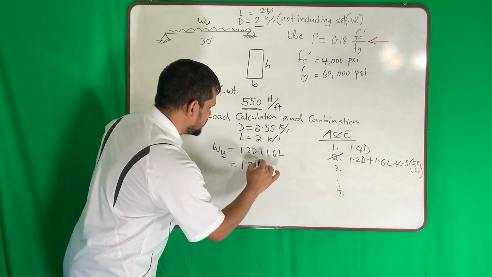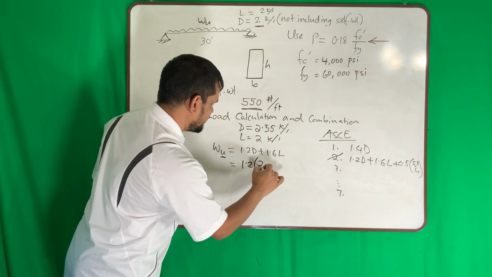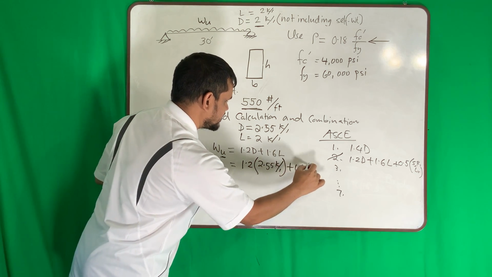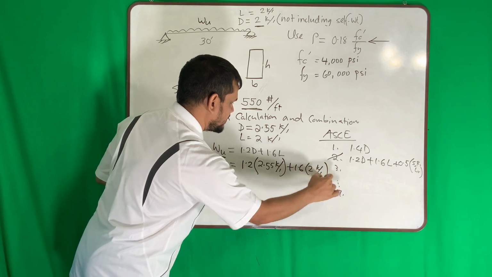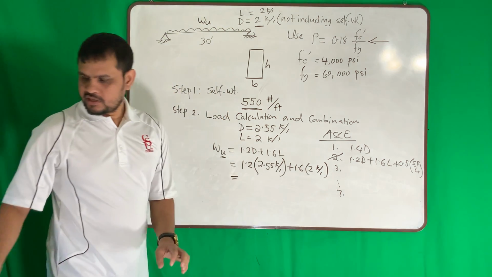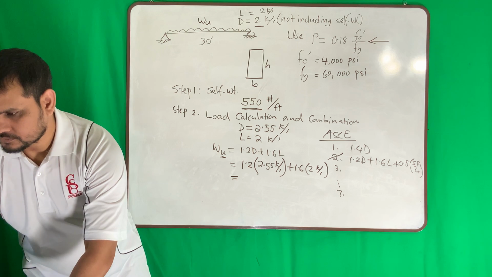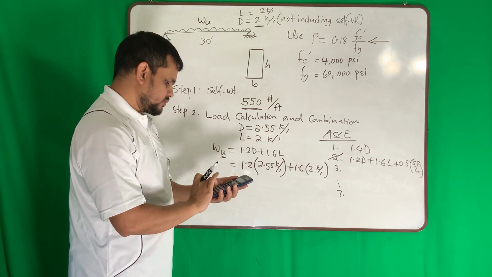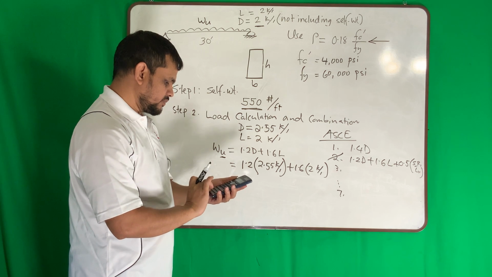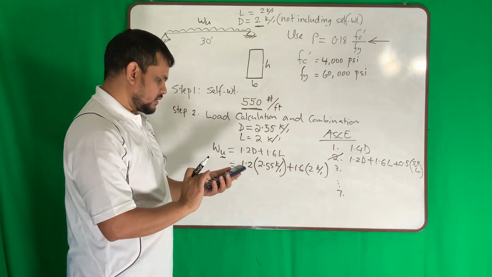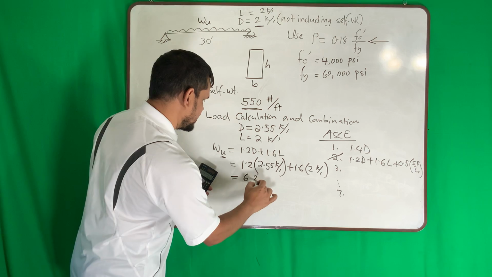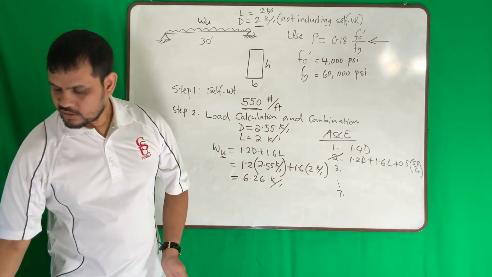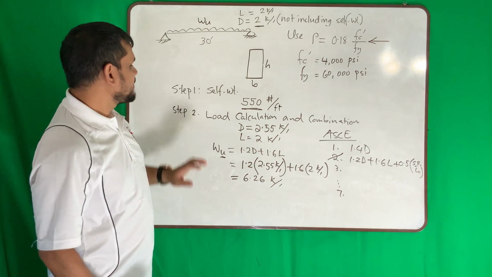So 1.2 times dead load 2.55 kip per feet plus 1.6 times 2 kip per feet. What am I getting if I use my calculator? 1.2 times 2.55 plus 1.6 times 2, 6.26. 6.26 kip per feet is my load on this beam.